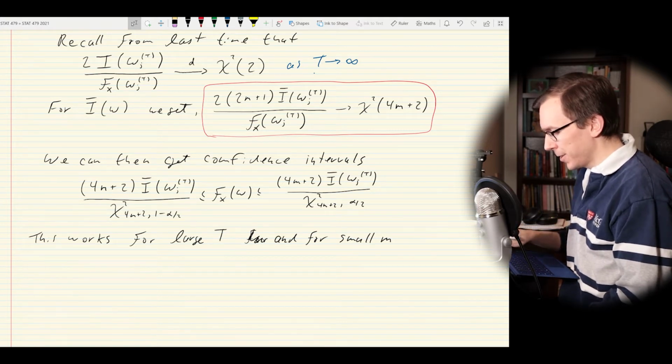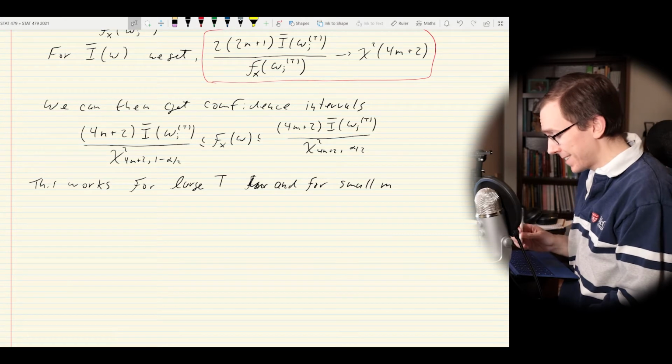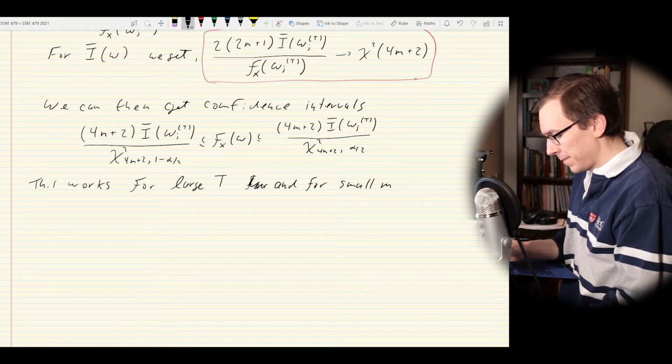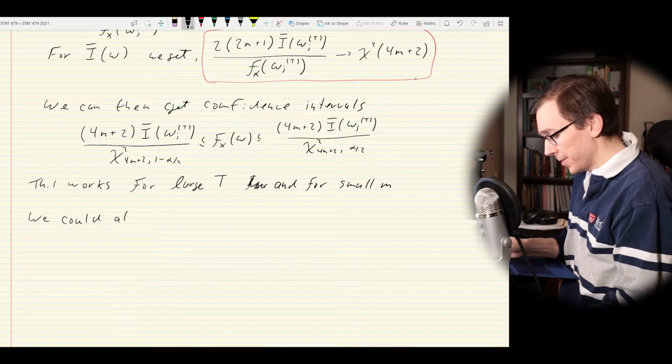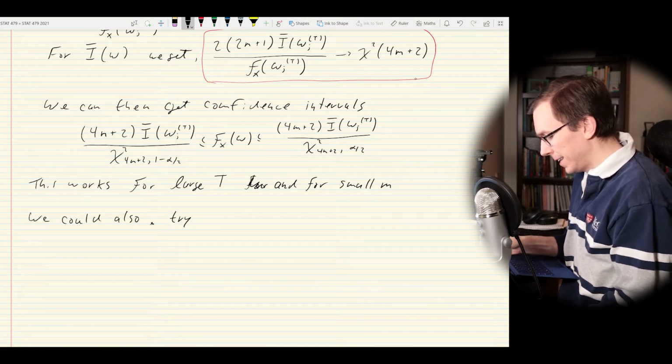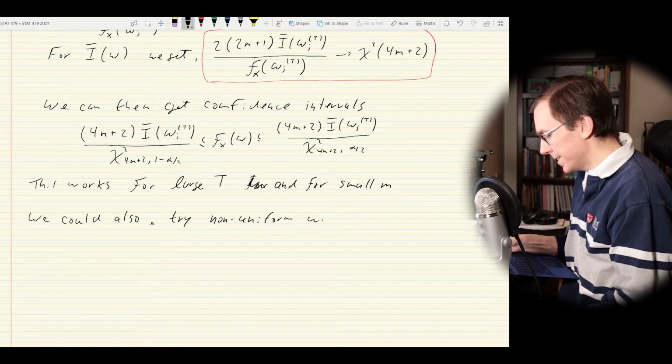All right, so going forward with banding still, we could also try non-uniform weights.